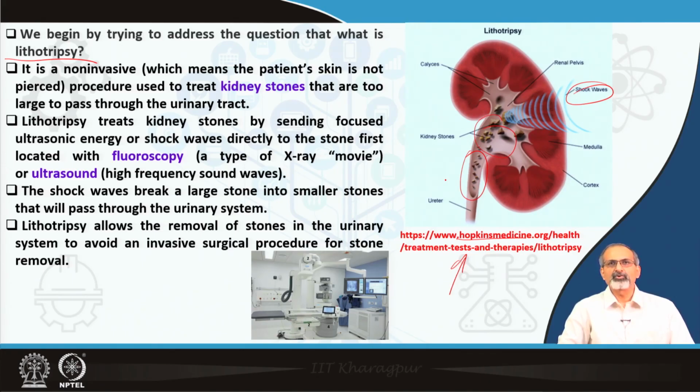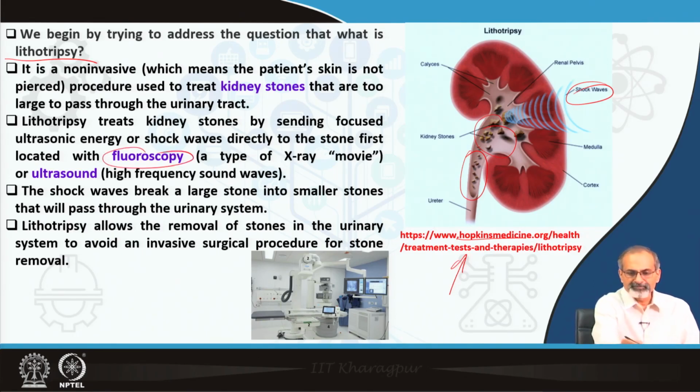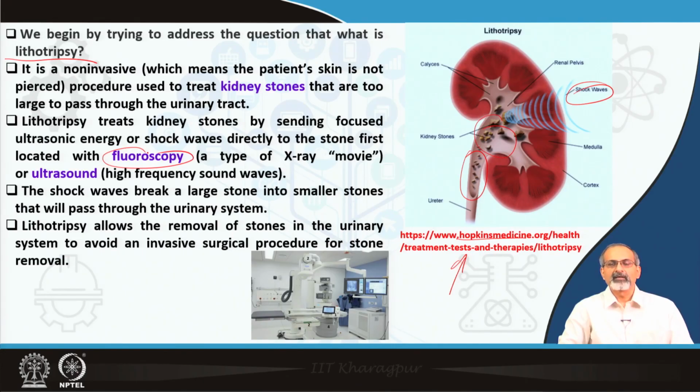Lithotripsy treats kidney stones by sending focused ultrasonic energy or shock waves directly to the stone, first located with fluoroscopy, a type of X-ray movie which identifies the stones, or through ultrasound, which is high frequency sound waves, which identifies the presence of stones.